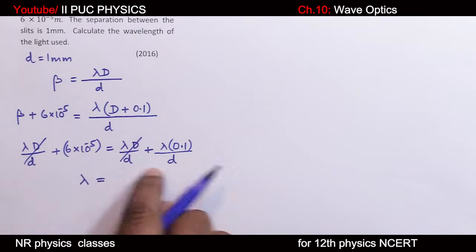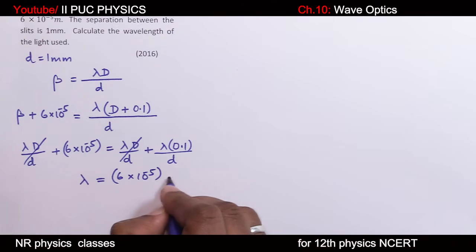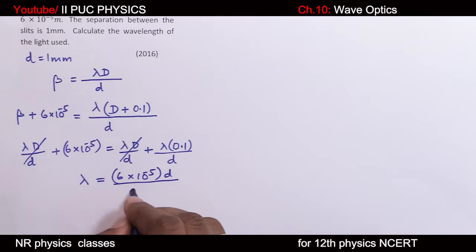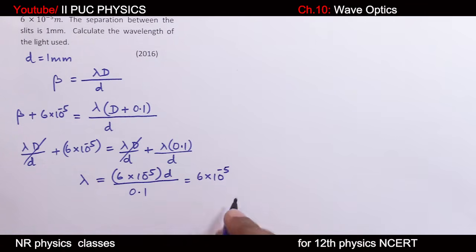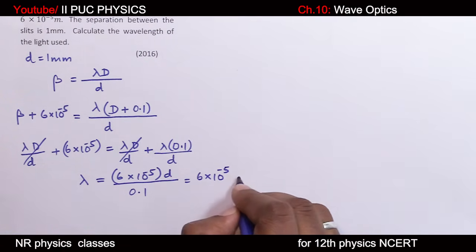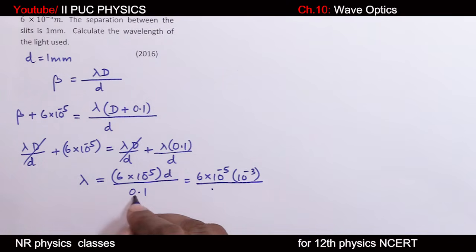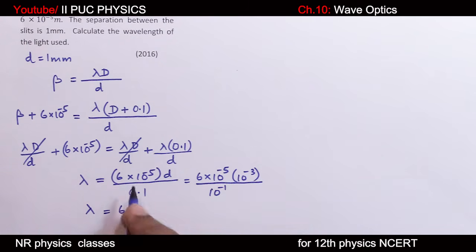So lambda equals 6 × 10^-5 into small d by 0.1. That is 6 × 10^-5, small d is 10^-3, by 0.1 is 10^-1, equal to 6, minus 5 minus 3 is minus 8, minus 8 by minus 1 is minus 7.